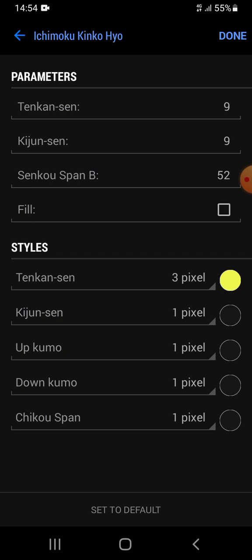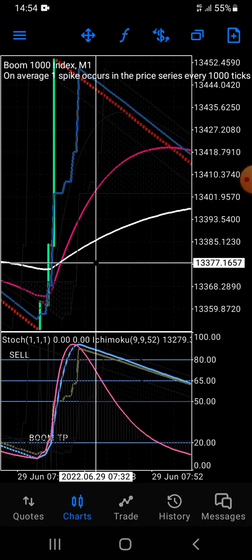Tenkan-sen 9, Kijun-sen 9, Senkou Span B 52. In this case, I only choose yellow here because I had already used yellow in the main chart. Otherwise you can just add the same Ichimoku you added in the main window. In this stochastic oscillator, you click done.